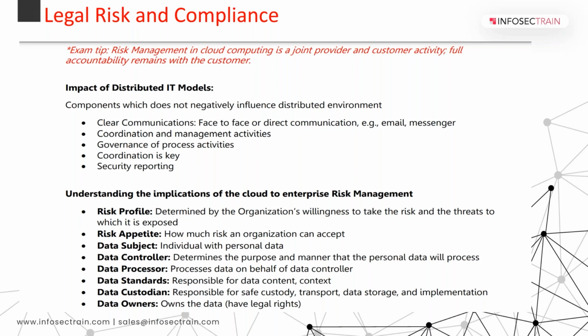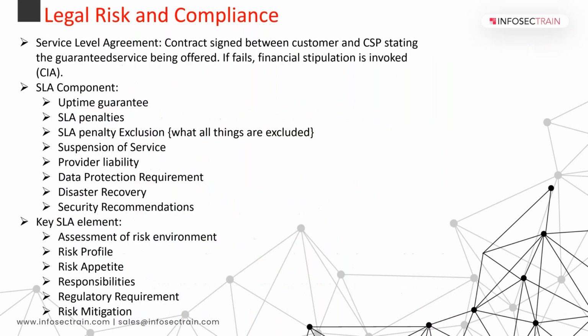It should always contain how much uptime guarantee the cloud service provider is giving. What are the penalty clauses in case the cloud service provider is not able to meet the service levels that were agreed? What are the exclusions on the penalty clauses?